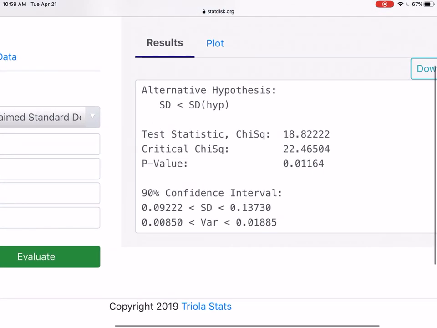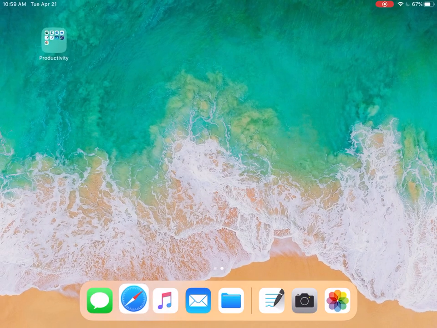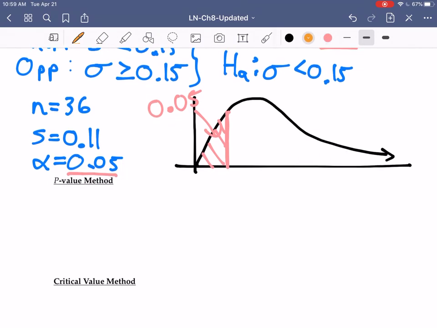And here we are going to do the p-value method first. So our p-value is 0.0116. We observe that 0.0116 is less than our significance level.